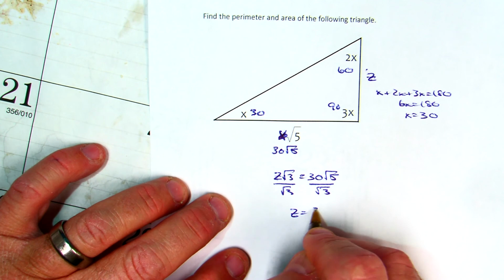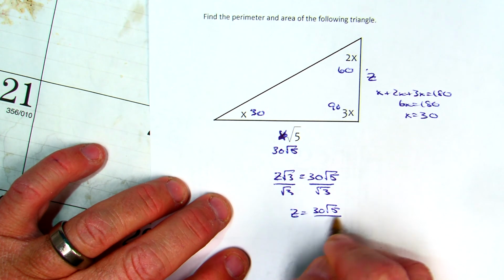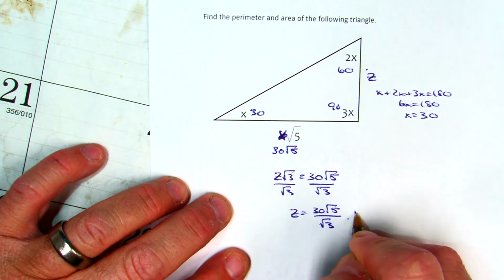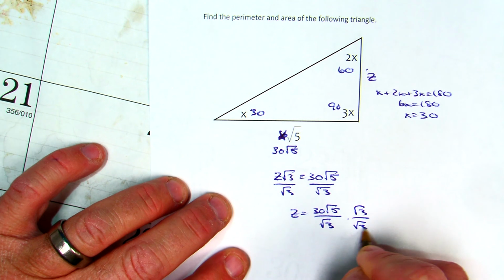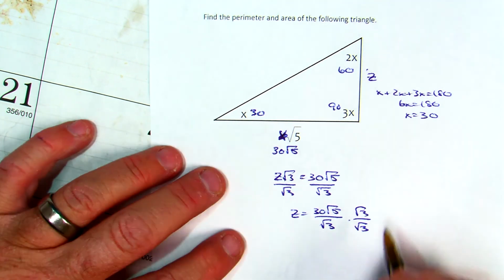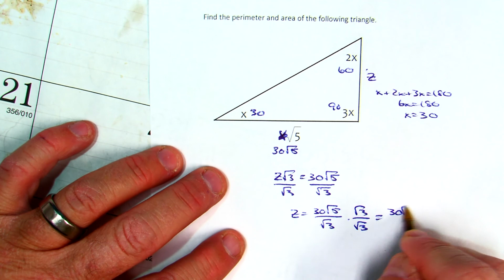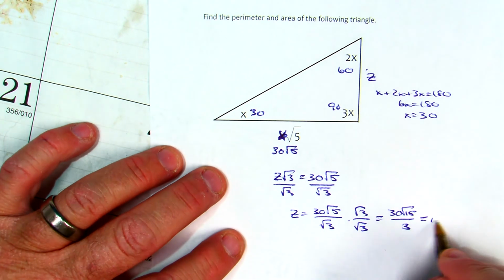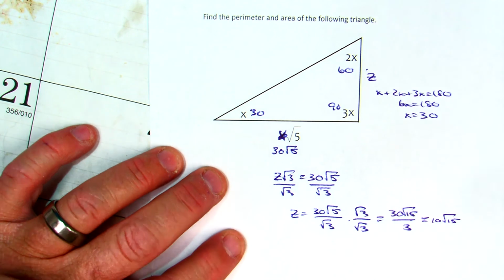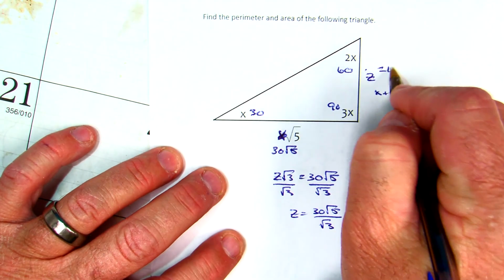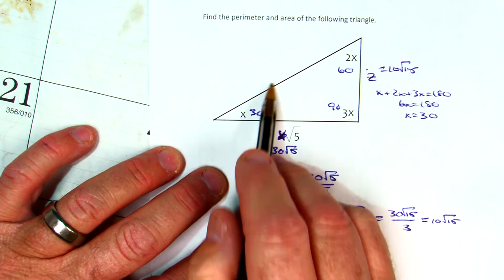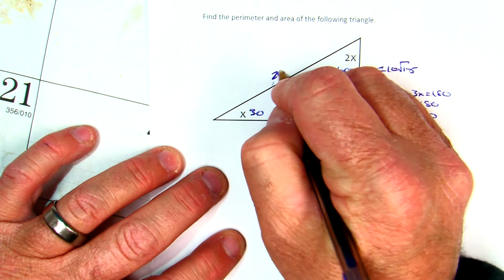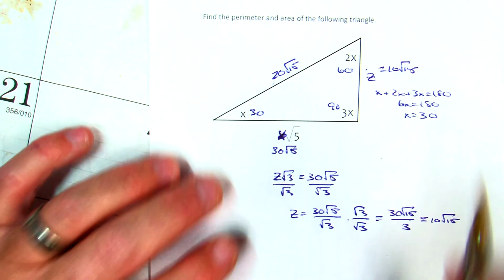Z equals 30 root 5 over root 3. I would then rationalize the denominator, so I multiply by root 3 over root 3. I get 30 root 15 over 3. 3 goes into 30, so that's 10 root 15. So this side is 10 root 15. The hypotenuse is double that, double 10 is 20, so I get 20 root 15.